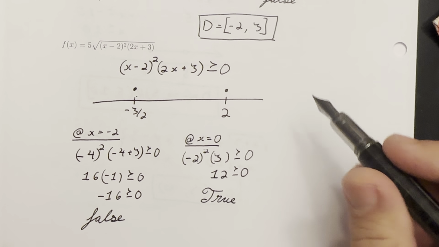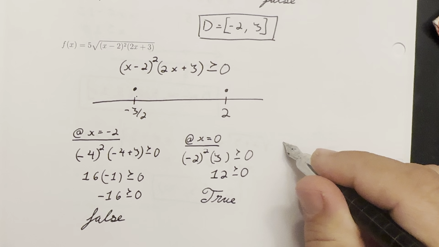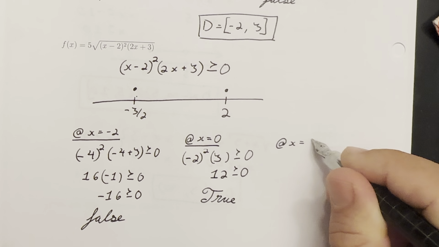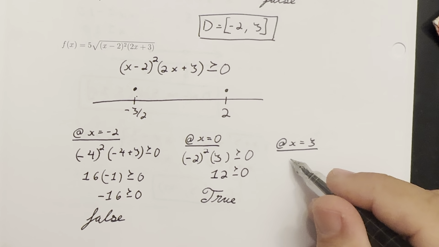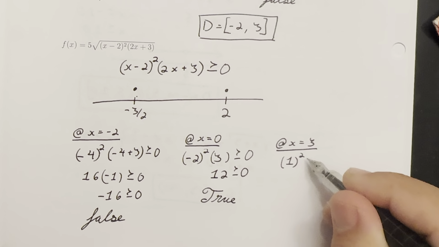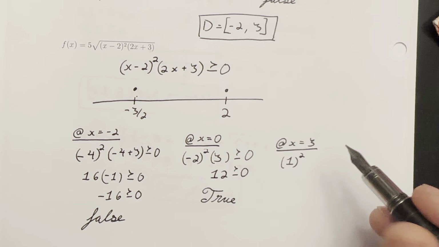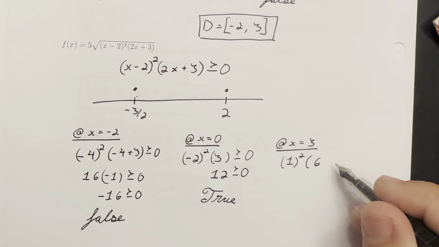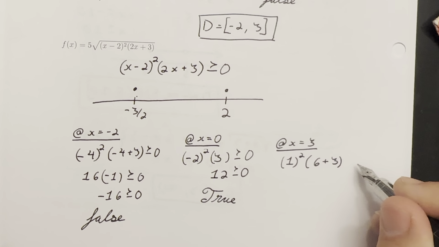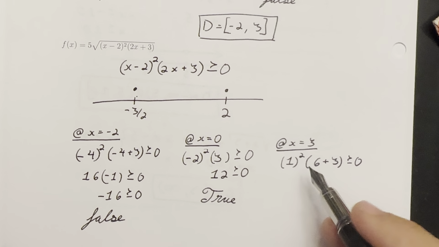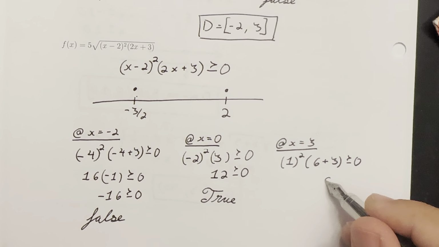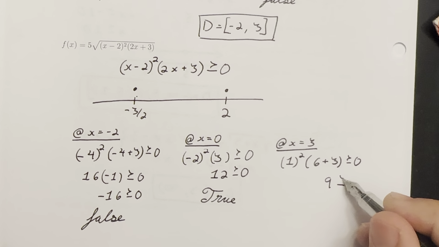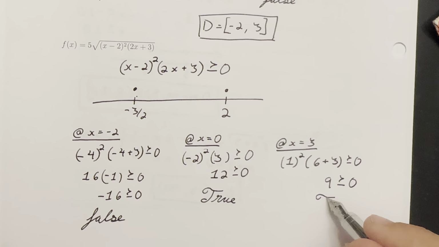Now we pick the next point after 2. I'm going to pick 3. Three minus 2 is 1, so I got 1 squared. And then I've got 2 times 3, which is 6, plus 3, equal to or greater than 0. So 1 squared is 1, 6 plus 3 is 9. 9 is, in fact, greater than 0.